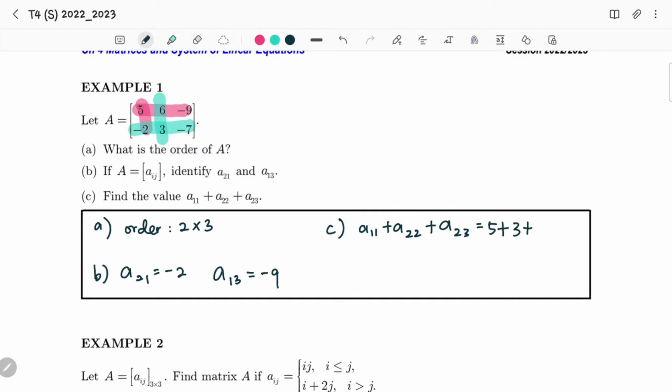And then lastly, second row, third column, the entry is -7. So plus -7. Just use a calculator and get the answer, equal to 1.